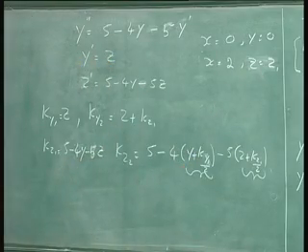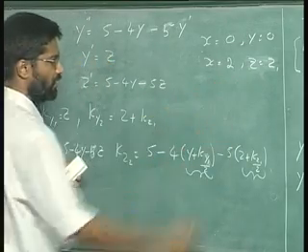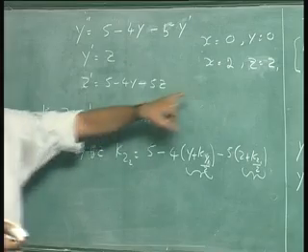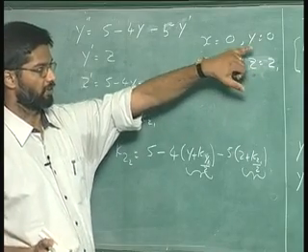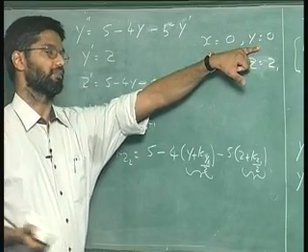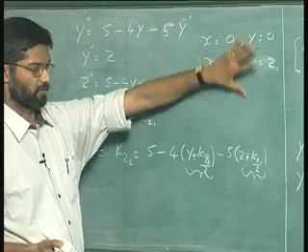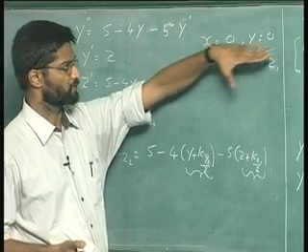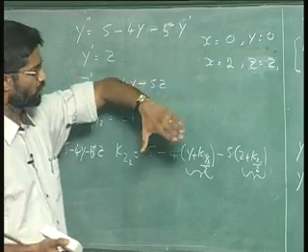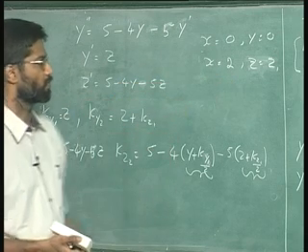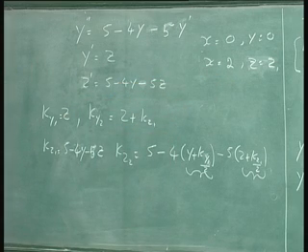That's the boundary condition given. It could even be y. But let's say at one end we are given the derivative, and at the other end we are given the y value. It could be that at both ends the y values are specified. Anyway, one boundary condition is specified at x equal to 0, another boundary condition is specified at x equal to 2. In that case, we could use exactly the same method.